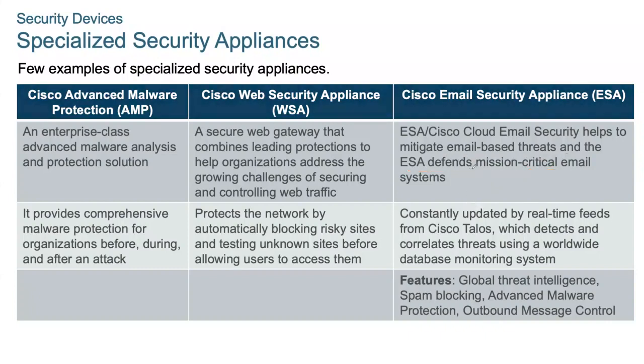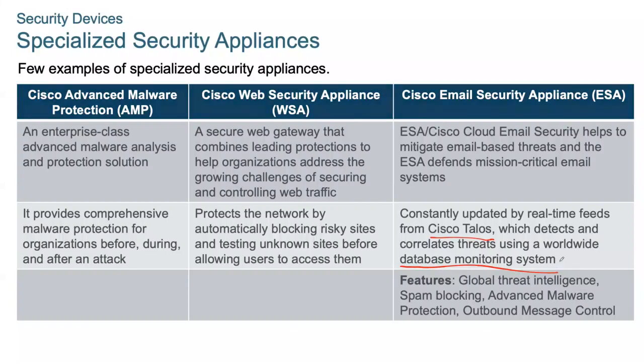These email security appliances are constantly updated by real-time feeds from Cisco Talos, for one. Like that, there are other companies' appliances as well, which detect and correlate threats using a worldwide database monitoring system to check whether the traffic originated from a legitimate user or not.